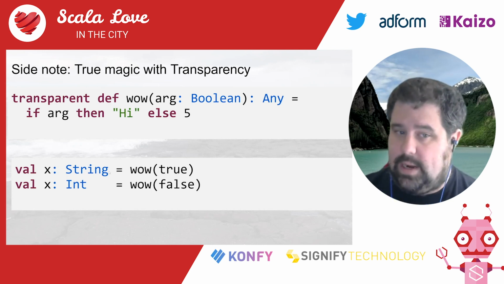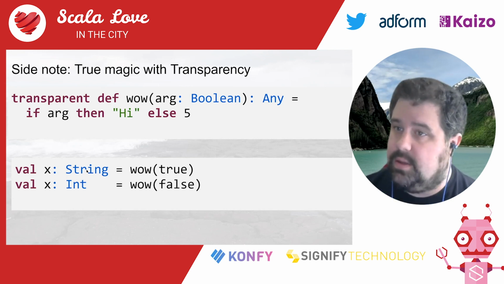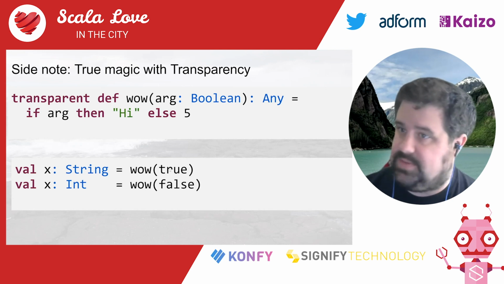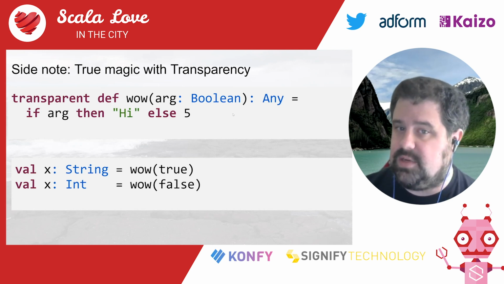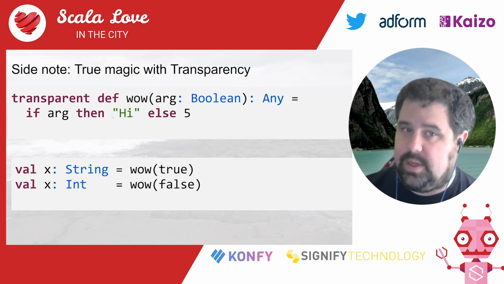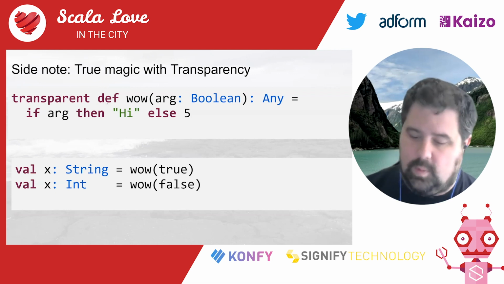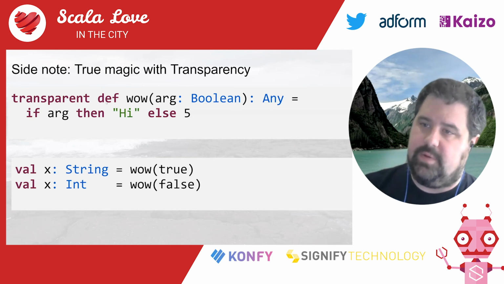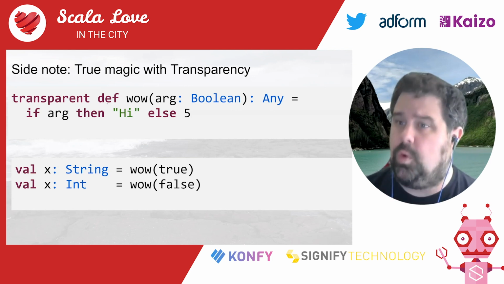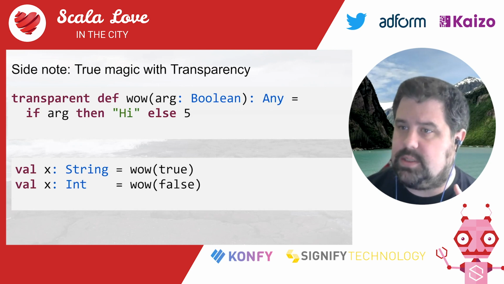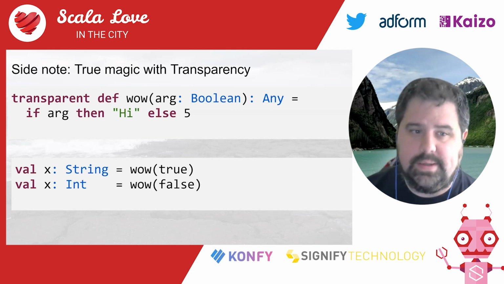If I say wow with true, it's going to be a string, and this is going to compile time check just fine, because it's going to defer checking this type until after it's computed this sucker. These things are a little bit magical. We're not going to go too deep into them. If you need them, cool. Tell me your use case, because I'm really curious how often they show up.